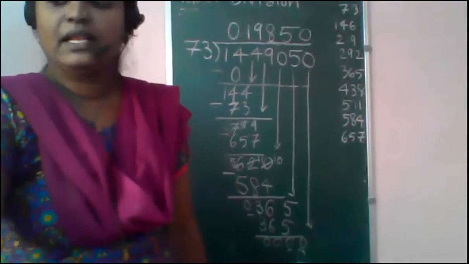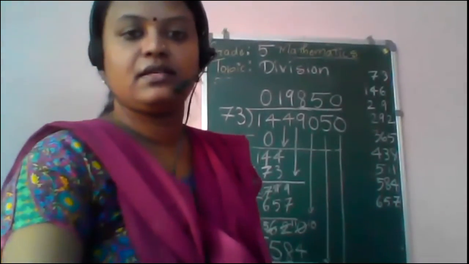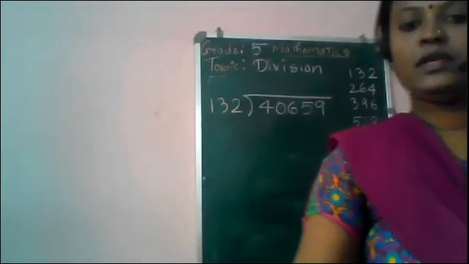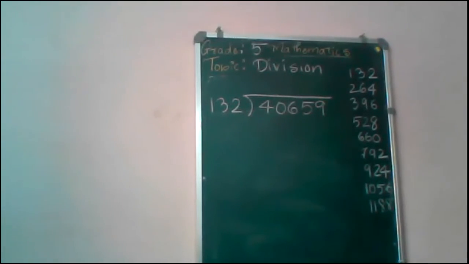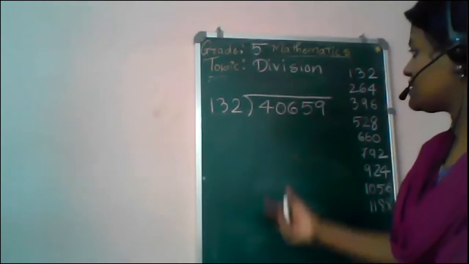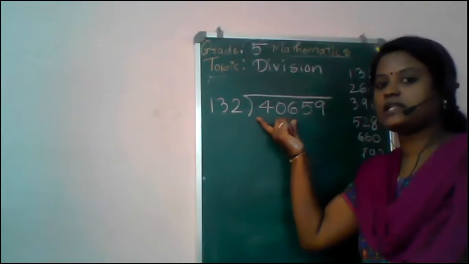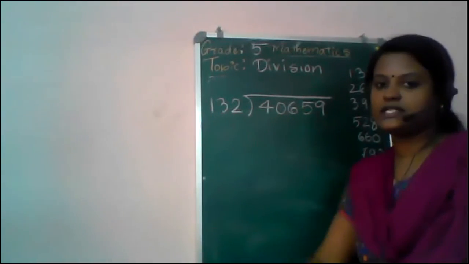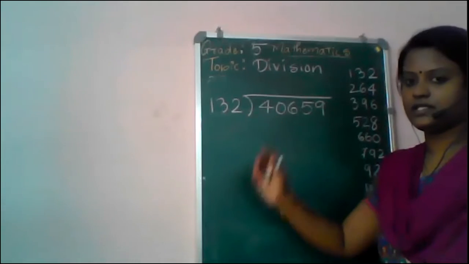In the similar way, let us try another example where a number is divided by a 3-digit divisor. Here we have to divide 4,40,659 by 132. So we first check the 3-digit as it is given. We are able to see that 3-digit I am able to divide, since 406 is larger than 132.